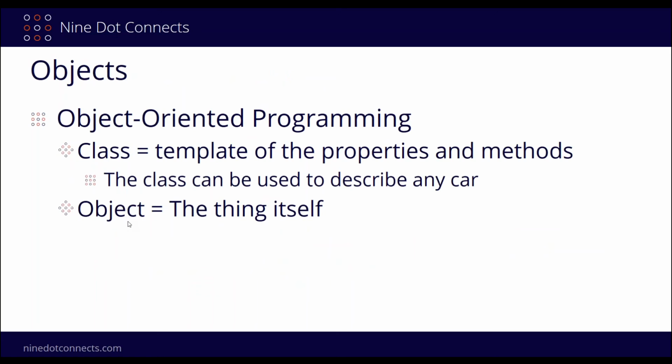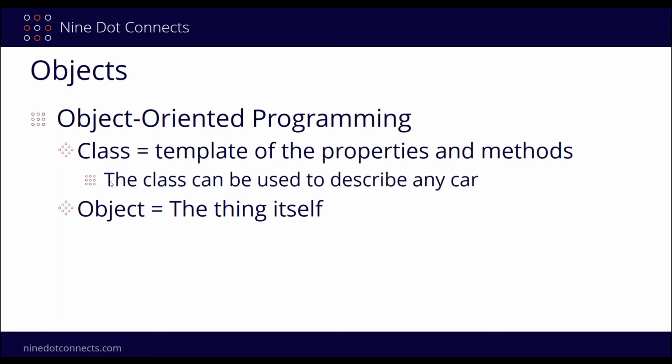So maybe I'll have an object that's called Toyota, and then I will have Toyota of class car, meaning that the Toyota will take on all of those properties and methods that have been defined in class car. Now, granted, the values will change, and they'll be specific to my object that's now known as Toyota. But it's using the class as the template for all the information. And maybe further down I have one for Ferrari. The same thing.